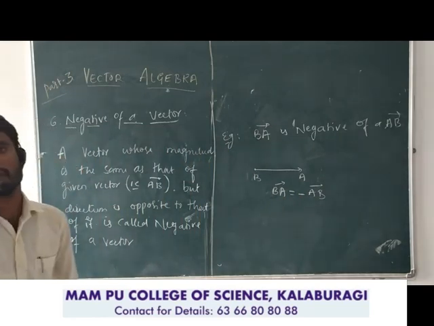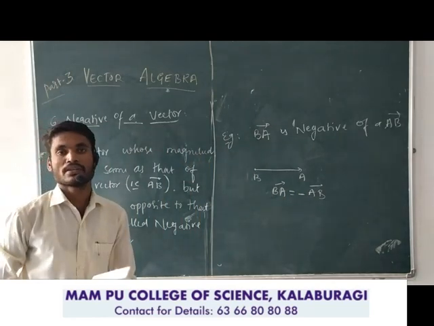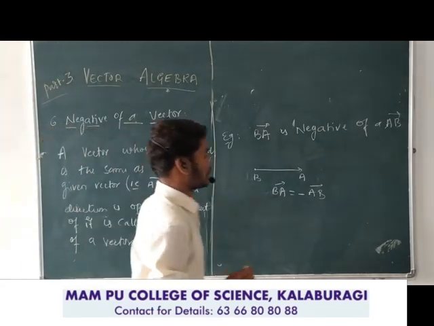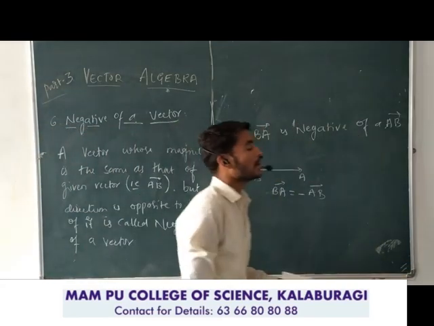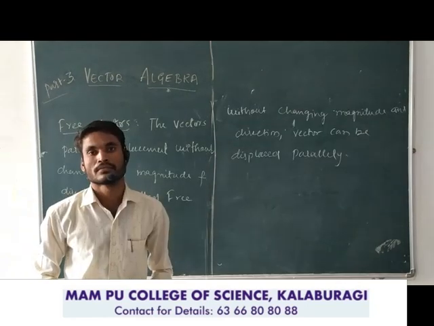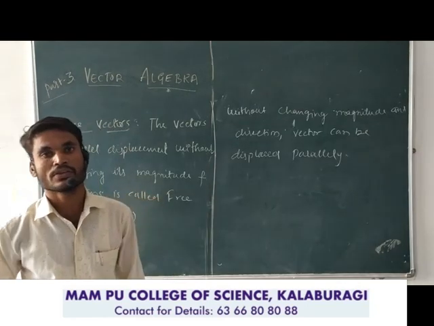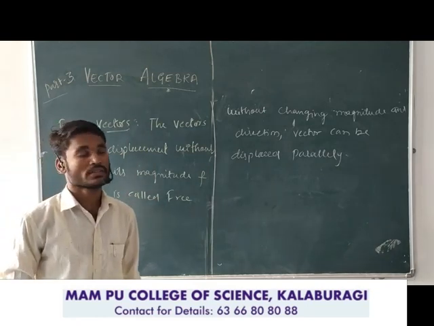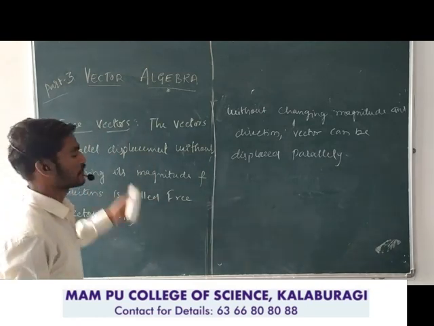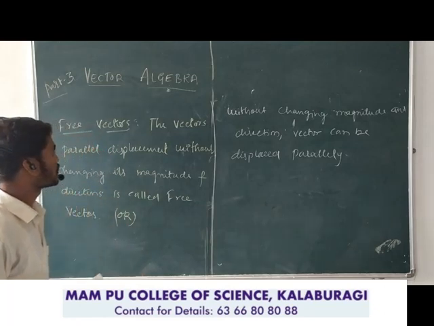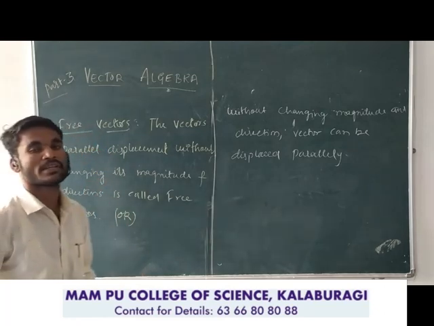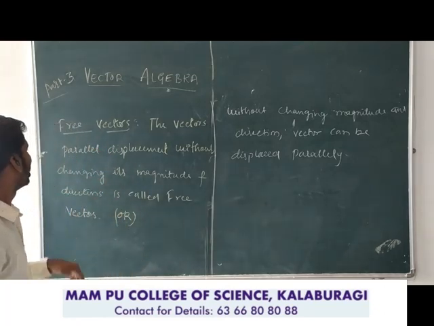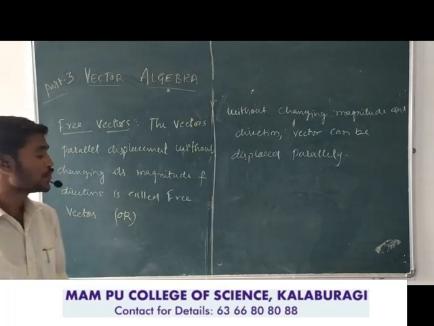And one more very important topic here is free vectors. Students, you already learned all these types of vectors. What is the meaning of free vectors? Free vectors are vectors that can be displaced parallelly without changing their magnitude and direction.